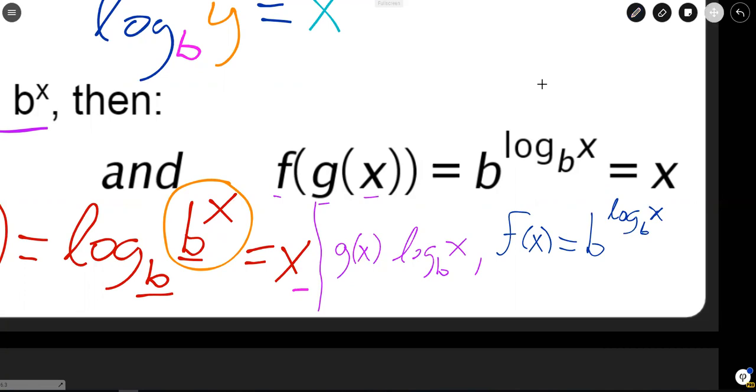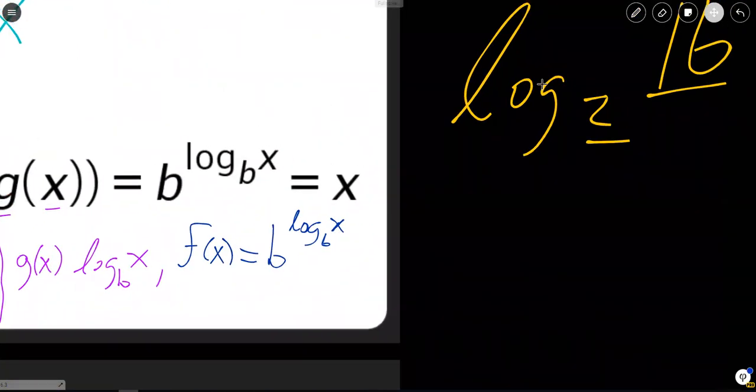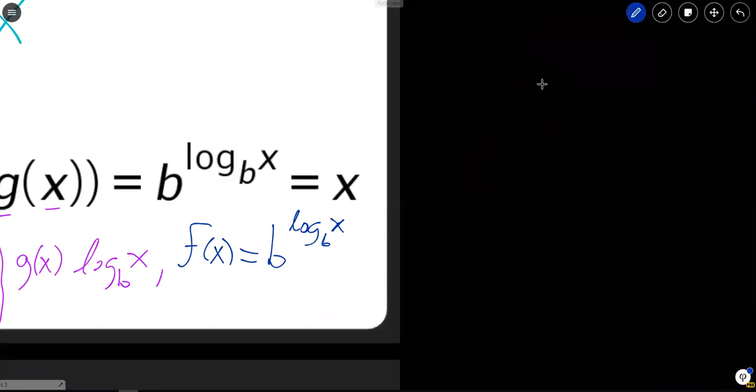There's a lot of stuff going on inside the exponent. Clear myself some working space. I'm going to expand this out a little bit. f of x is equal to b to the log base b of x power.